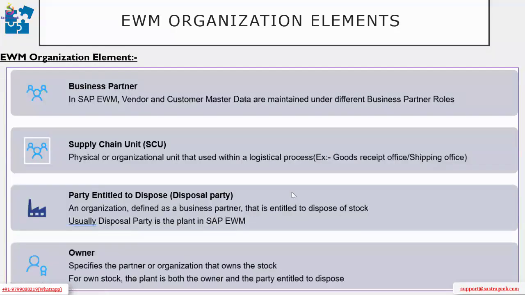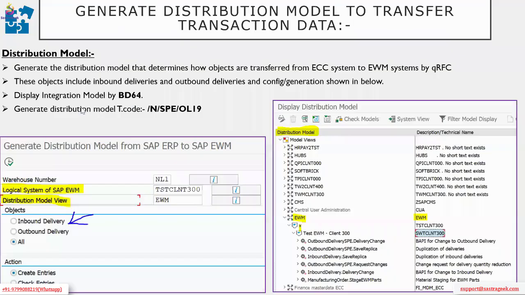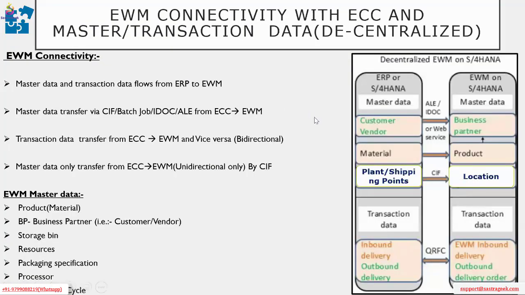But now the other organizational element that needs to be cleared here is the business partner. Earlier, this business partner transaction originated from EWM systems only, because earlier we had vendor creation or customer creation in different transactions. But later in S4, it was combined and maintained in a single transaction. Earlier, this is how the decentralized EWM used to perform.